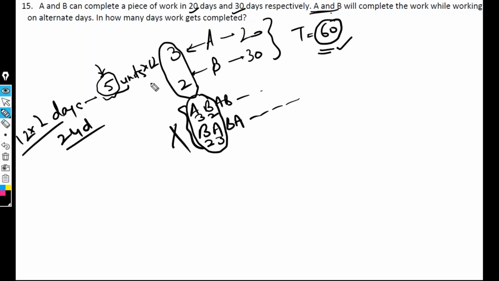Shivani, it is 2 days, 5 units. Is it clear, everyone? Those who wrote 12 as your answer, is it clear? Tell me, Anubhav, what is the issue?